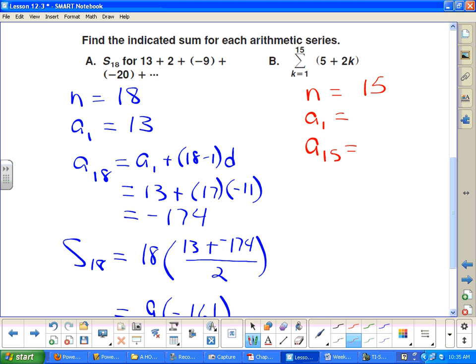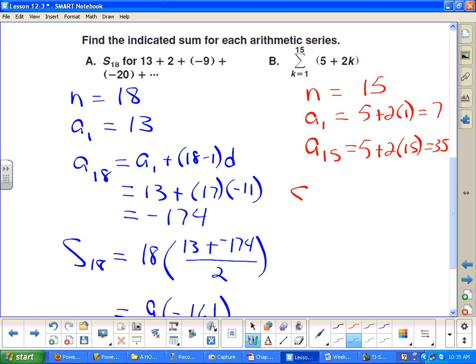So I'm going to put 1 in for k to find a sub 1. That would be 5 plus 2 times 1, which is 7, right? And then put 15 in for k, which gives me 35. 30 plus 5 is 35.